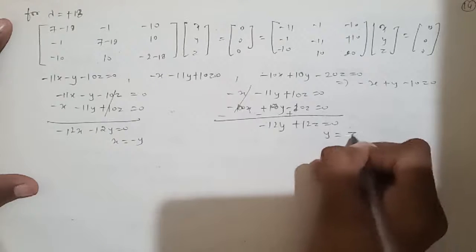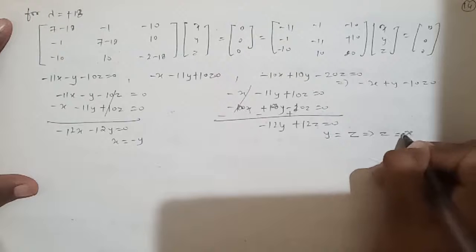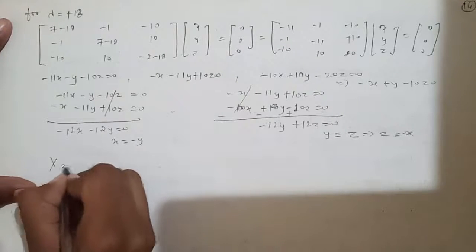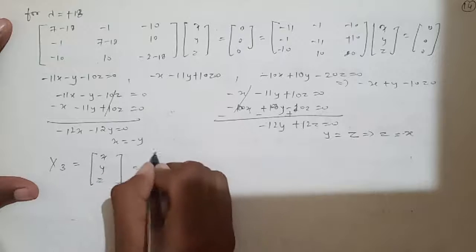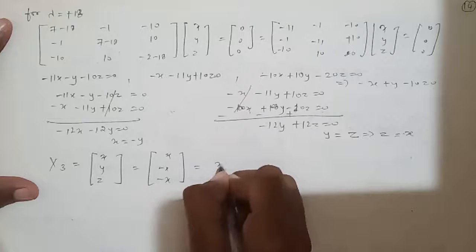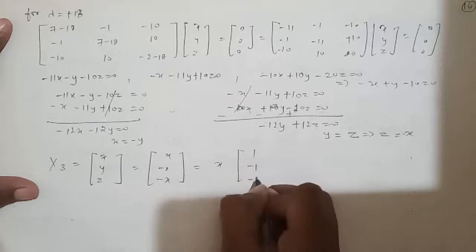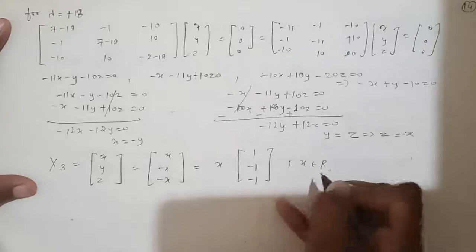So y is equal to z, and z is equal to minus x. So we can say X3 is equal to x, y, z, where y is minus x and z is minus x. So we have x times (1, minus 1, minus 1), where this x belongs to R.